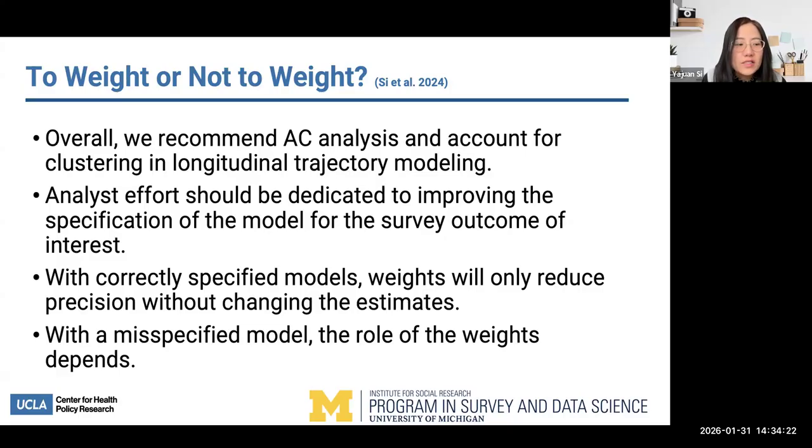With correctly specified models, weights will only reduce precision without changing the point estimates. However, if the model is misspecified, the role of weights depends. We should spend more efforts on improving the model specification.